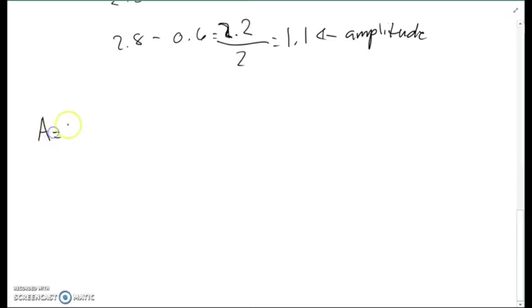Now we have to find K, which is the y shift and also the midline. You add the amplitude, which is 1.1, to the minimum, 0.6, which gives 1.7. You can also do this by subtracting the amplitude from the maximum, which is 2.8 minus 1.1.